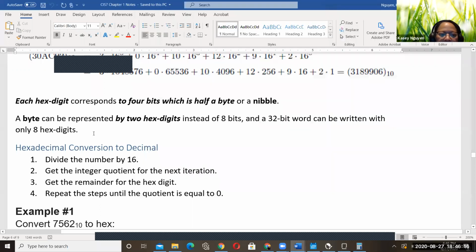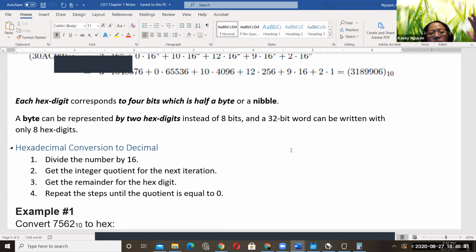It says that first you take the decimal value and divide it by 16. You would have a quotient, and whatever the remainder, you make a note of that remainder, which is going to give you the value in hexadecimal.